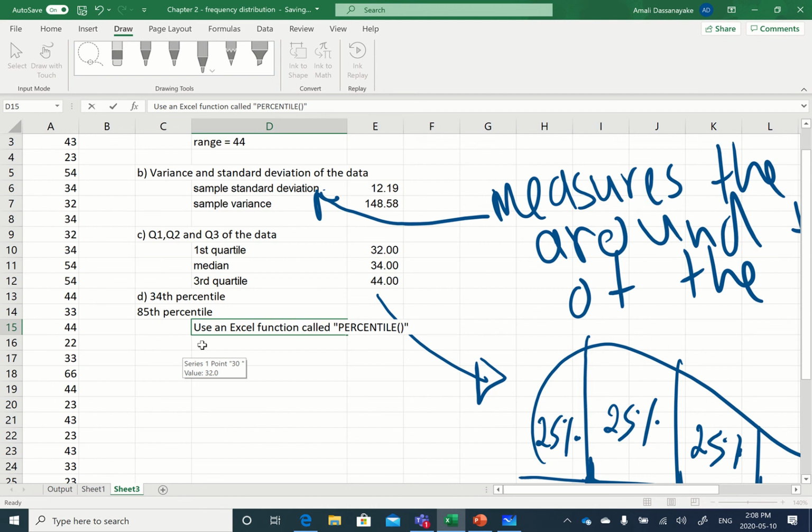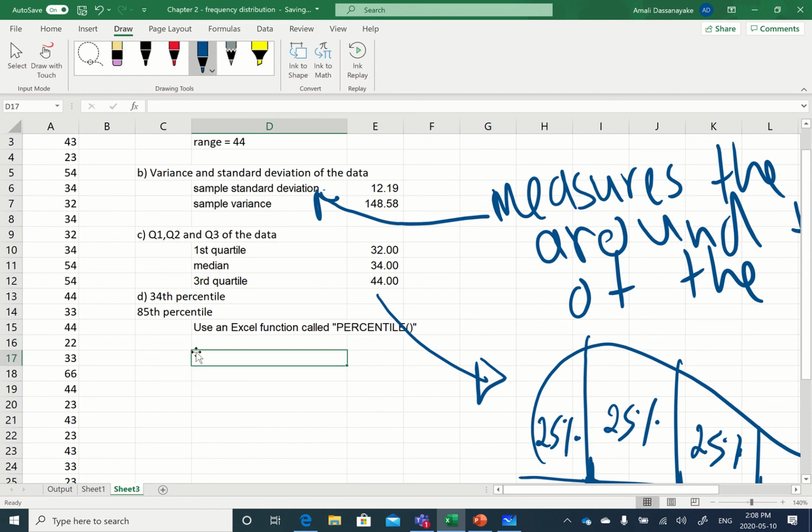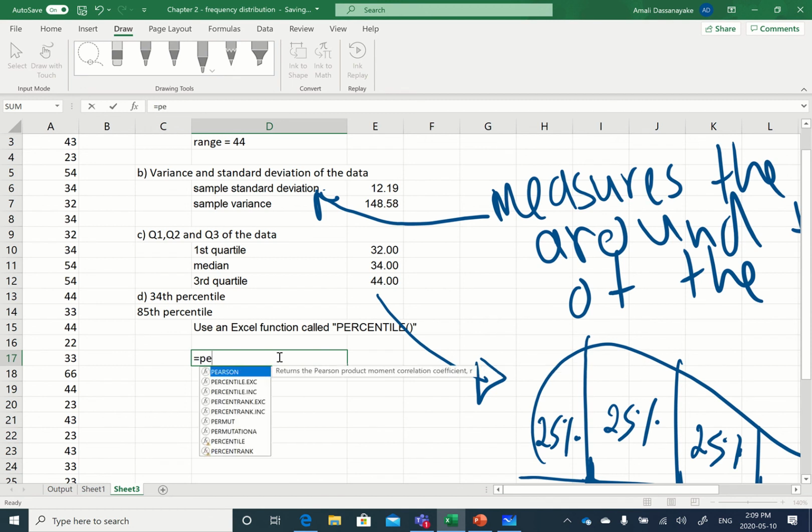Okay, so this is how you add an Excel function. Every function, every formula starts with an equal sign. So you type equals and then you start typing the function name. Since the function name is percentile, start typing it.